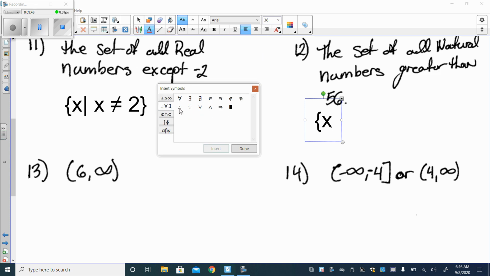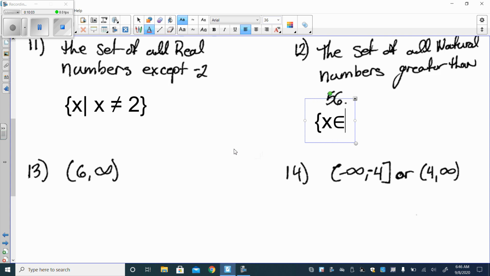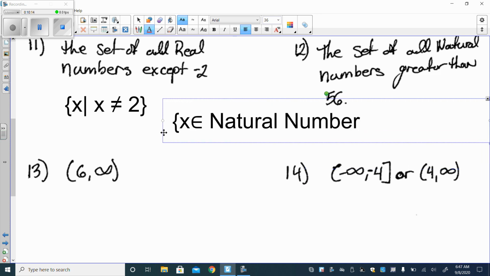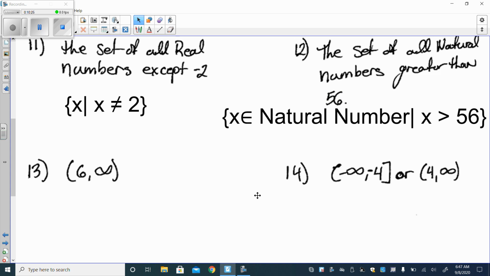So we can say x is an element of the natural numbers, and I don't think I have those there, such that x is greater than 56. And that's all we have to do for this one.